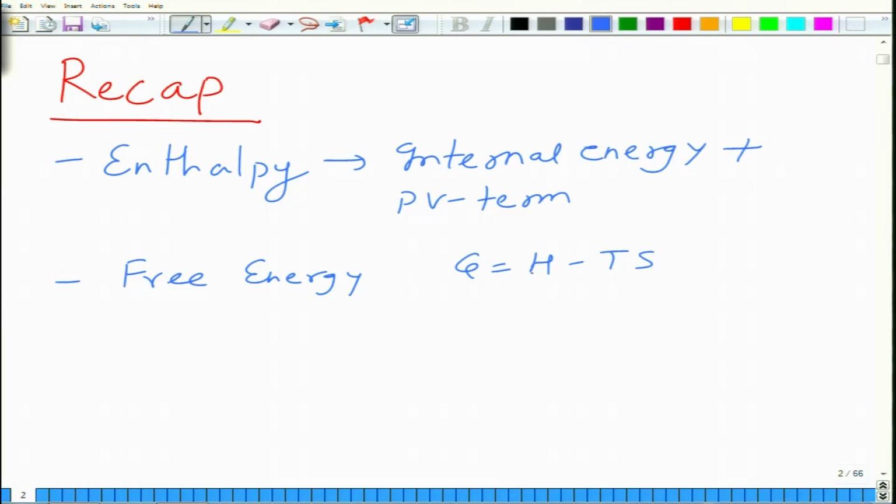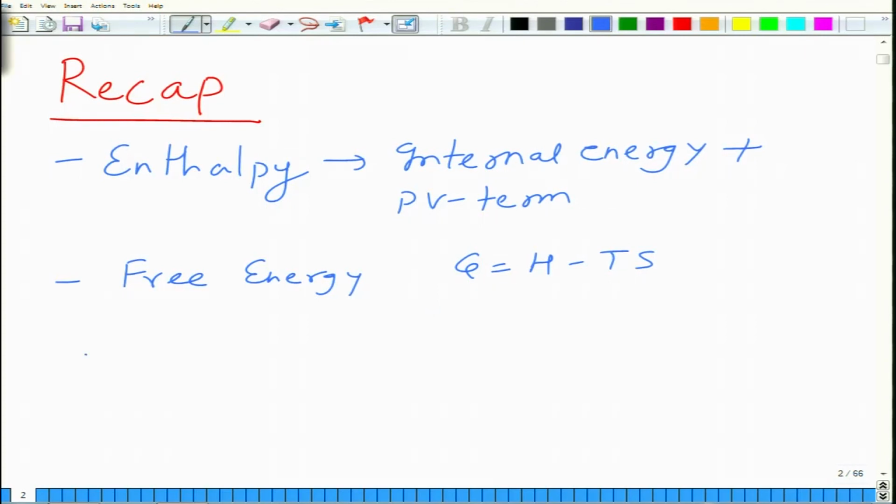So, it is the relative competition between these two quantities as a function of temperature for most material systems. The competition between enthalpy and entropy determines which phase will have lower free energy as compared to another.